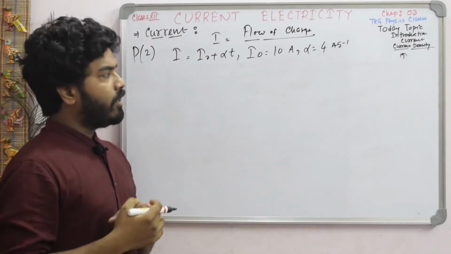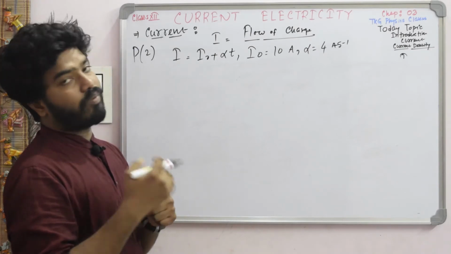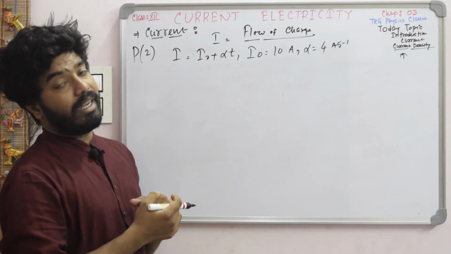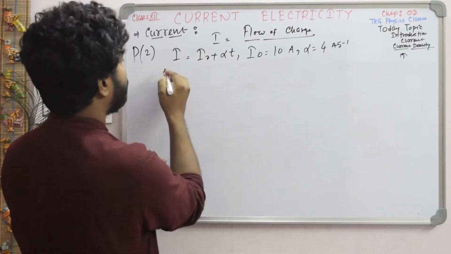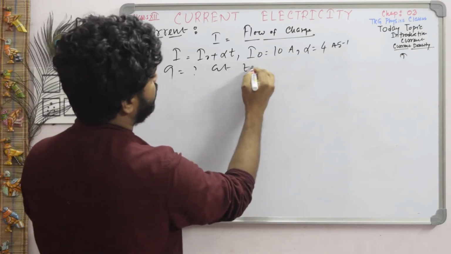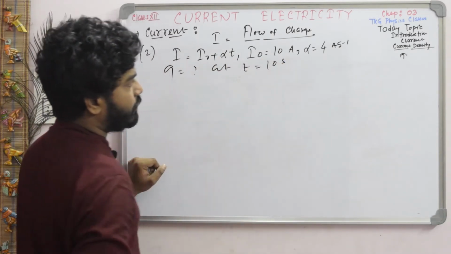You have to find the flow of charge through a cross section of that wire in time t equal to 10 second. We have to find the charge Q at time t equal to 10 second.